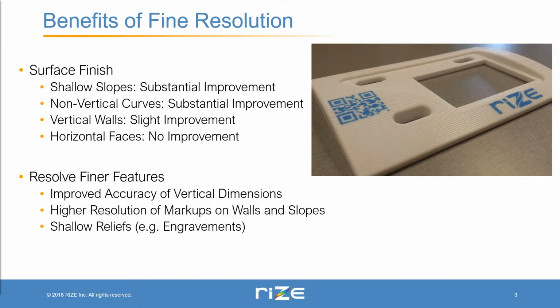If it's shallower than 250 microns, then it may not be split into its own layer. It may be smoothed over during slicing. And so using fine resolution can allow you to resolve more features like that, particularly very shallow engraved text.